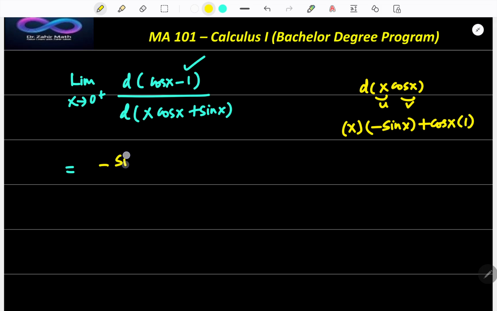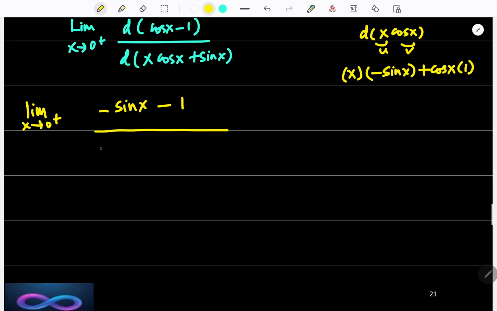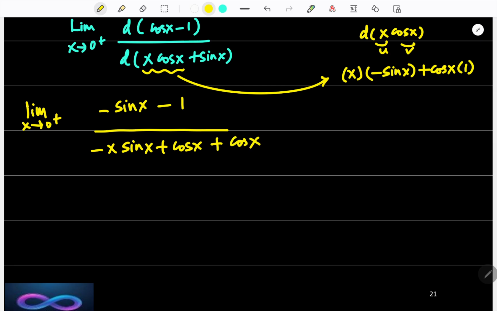Numerator: cosine x derivative is minus sin x, minus 1. Denominator: minus x sin x plus cosine x, and then plus sin x derivative, which is cosine x.